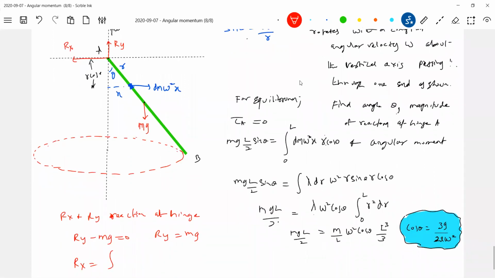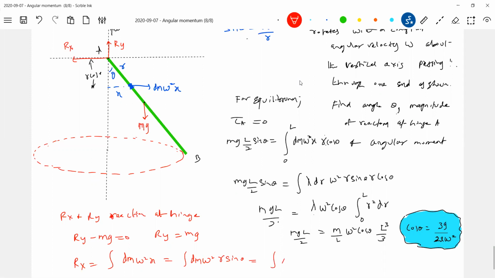Rx should be equal to the integral of dm omega square x sine theta, the component of that, dm omega square r sine theta. This will be further dm omega square, what is x? x is r sine theta.